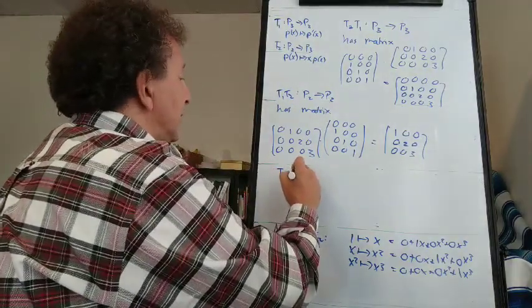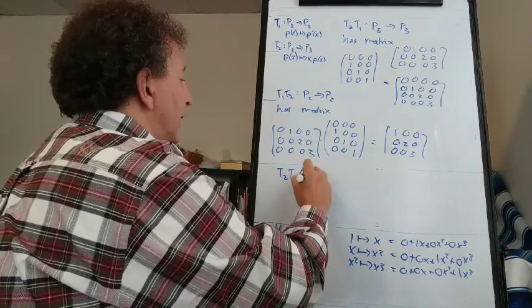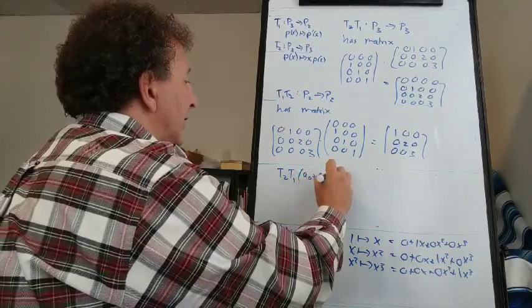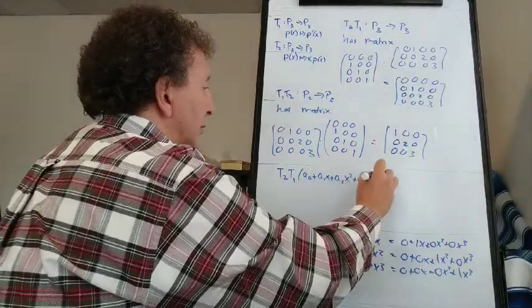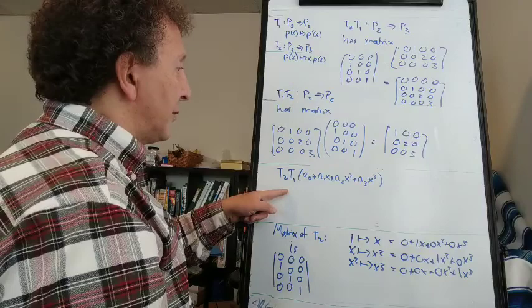So let's look at T2, T1, A0 plus A1x plus A2x squared plus A3x cubed. T1 takes the derivative.